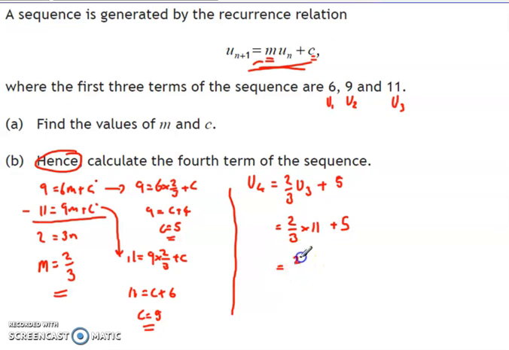That would equal 22/3. Now, in order to add the 5 to it, I'm going to have to write the 5 with a common denominator of 3. So that would mean plus 15/3, which would end up giving me 37/3. If we were to take that and write it as a mixed number, 12 1/3, we'd be fine with that as well. Either variation would get me that mark for that part.